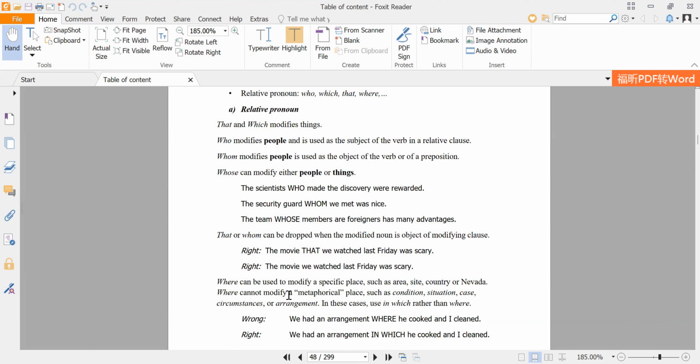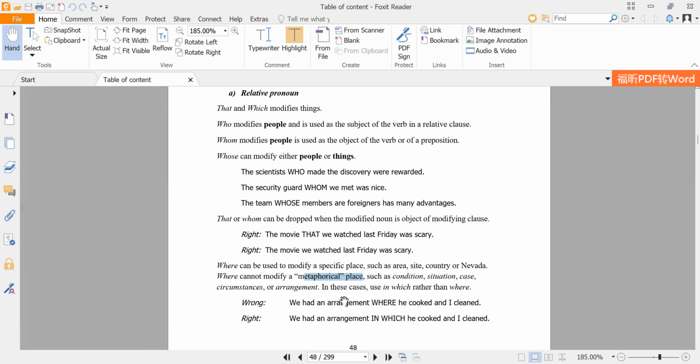But when you get to metaphorical places or concepts, like a condition, a situation, a case, an agreement, a circumstance, a context, something more abstract, then you would need to use in which instead of where to refer to those metaphorical or abstract places or concepts. That's what the GMAT not only prefers, but that's what the GMAT dictates.